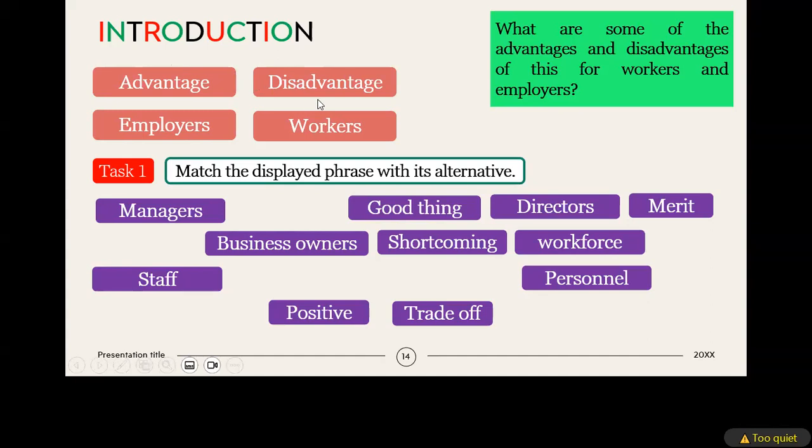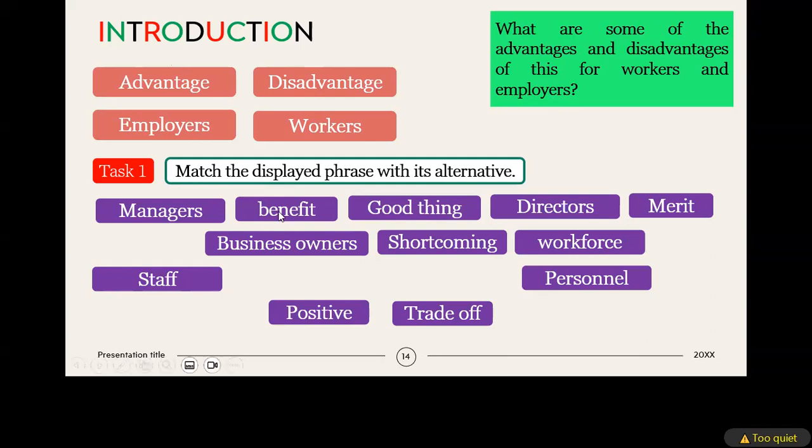But here, because the topic is very complicated, you have to talk about the advantages for employees and the advantages for employers and then the disadvantages for employees and the disadvantages for employers, oh, that's way too much, guys. You can never write an essay in 200 like this, never.